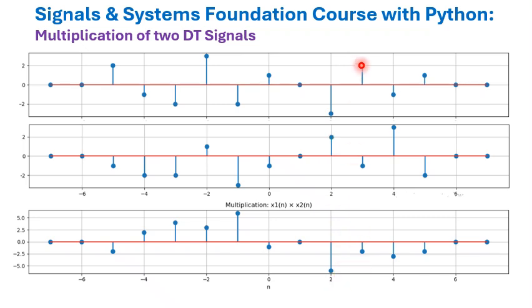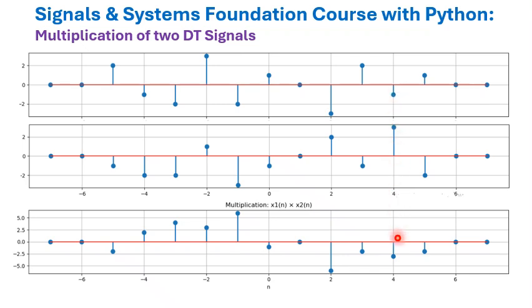Again, this is positive, this is negative, so the product will be negative. So this is minus 1 and this is 2. So 2 into minus 1 will result in minus 2, which is shown here. Again, at this point, we have this signal value equal to 4, and this one is minus 1.